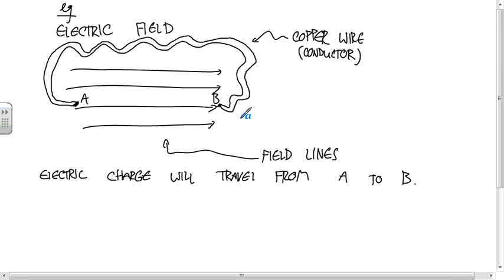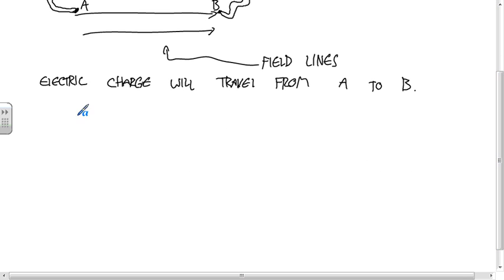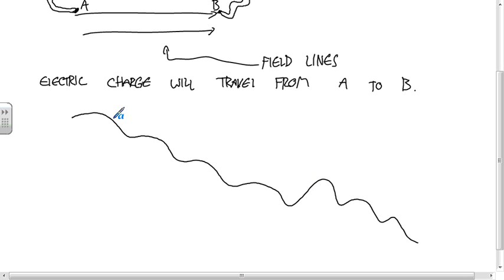Why are the field lines not in the copper wires? Yeah, well, that's a good question. You can remember when we first started talking about potential energy, we did a problem where there's a skier at the top of this hill, and we calculated how fast he'd be going at the bottom.